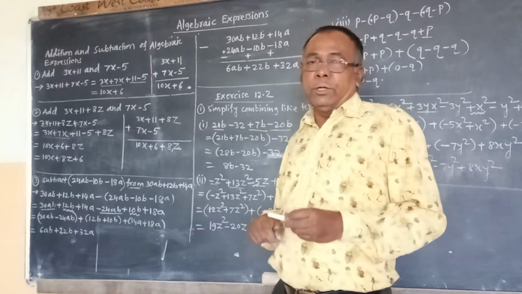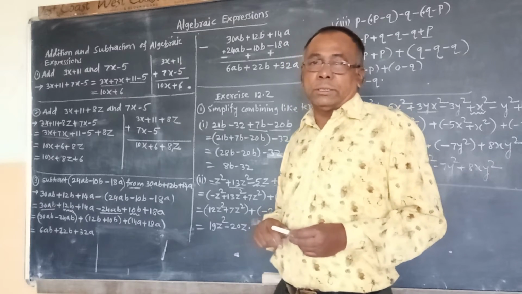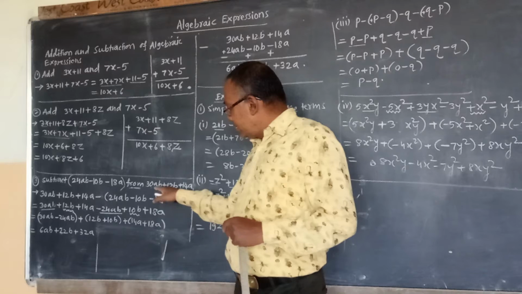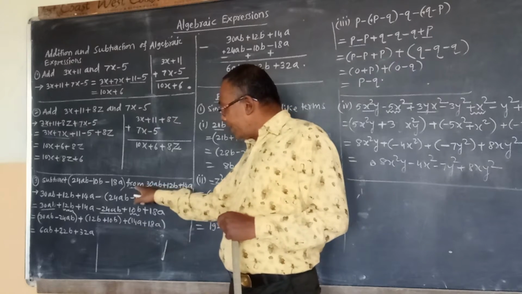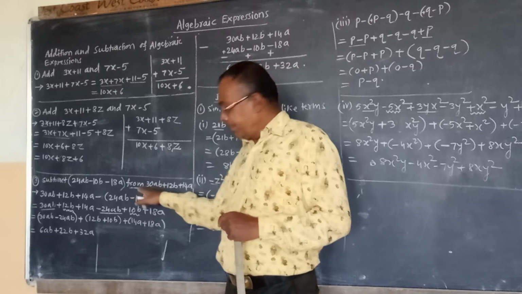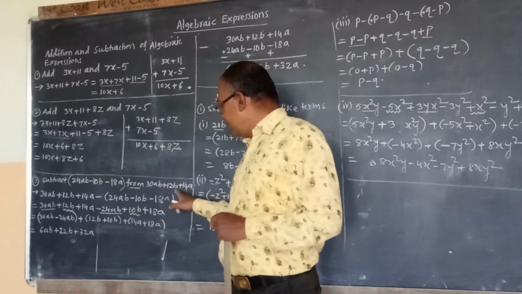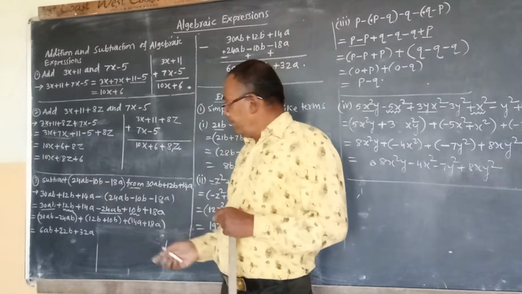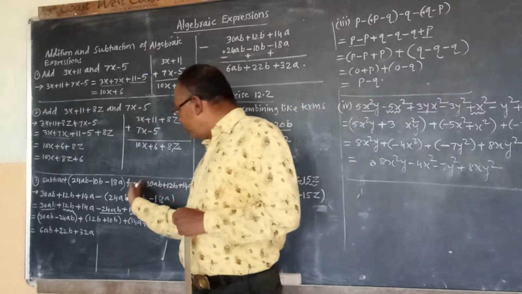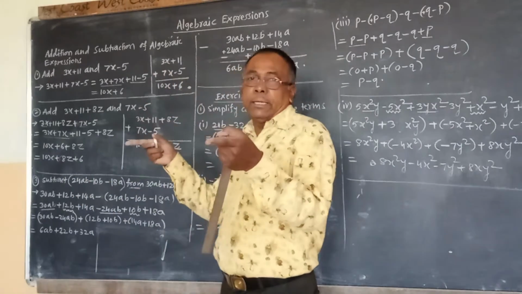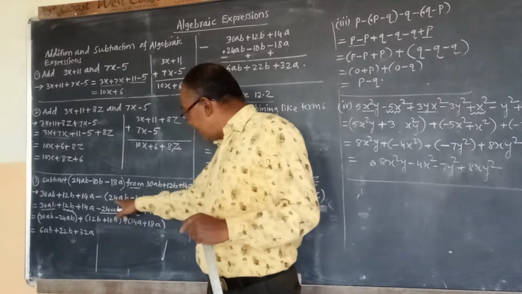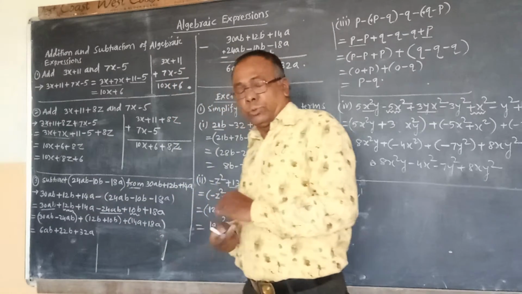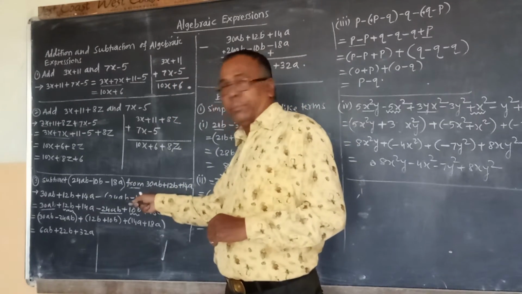While subtracting the two expressions we must understand that we have to write first the expression which is after 'from', that is 30ab plus 12b plus 14a. The expression before 'from' we put in a bracket and write as it is, and now subtract the two expressions. Here I have written the minus sign before the bracket.